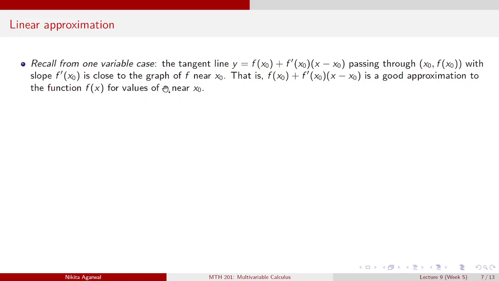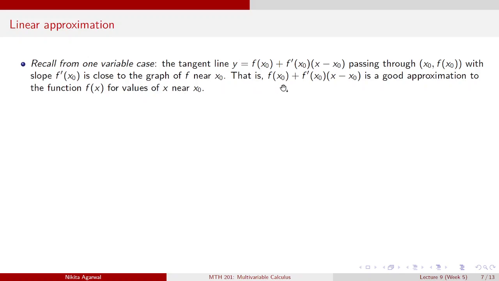So recall from the one variable case that the tangent line y equals f(x0) plus f'(x0) times (x minus x0), passing through the point (x0, f(x0)) with slope f'(x0), is close to the graph of f near x0, right?